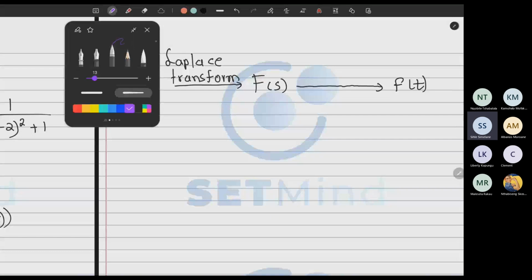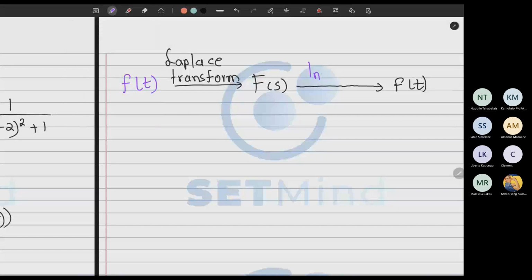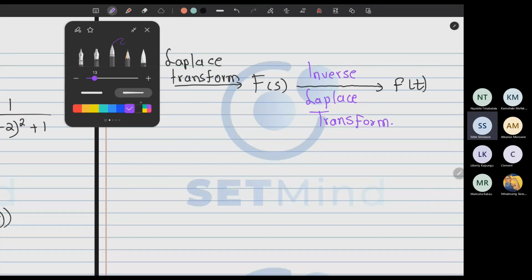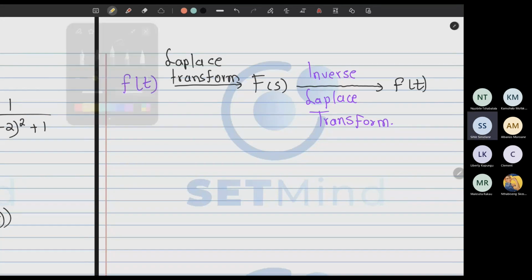And this is now what we call the inverse Laplace transform. Because remember, we said the aim is to solve differential equations. And when we take the Laplace transform, it becomes easy to solve the differential equation. But when you now solve it, it will be in terms of s. But the original expression was in terms of t. So we now need to find a way to reverse the effect of the s by using the inverse Laplace transform back to t.